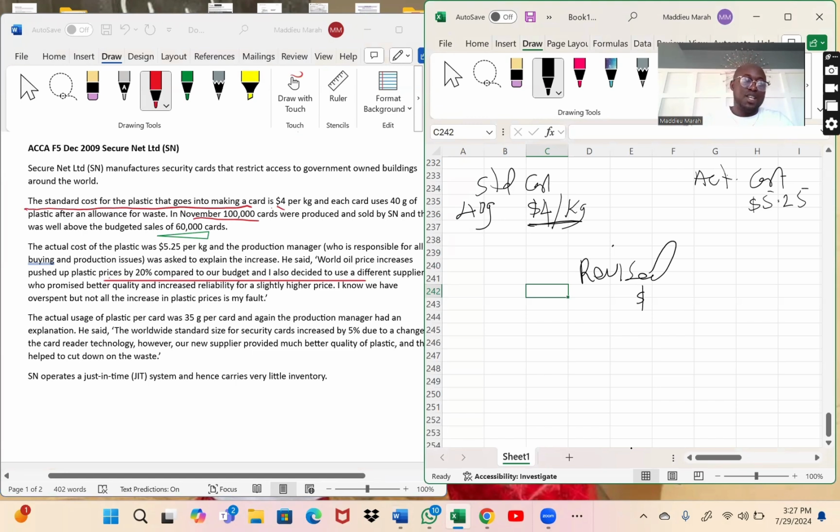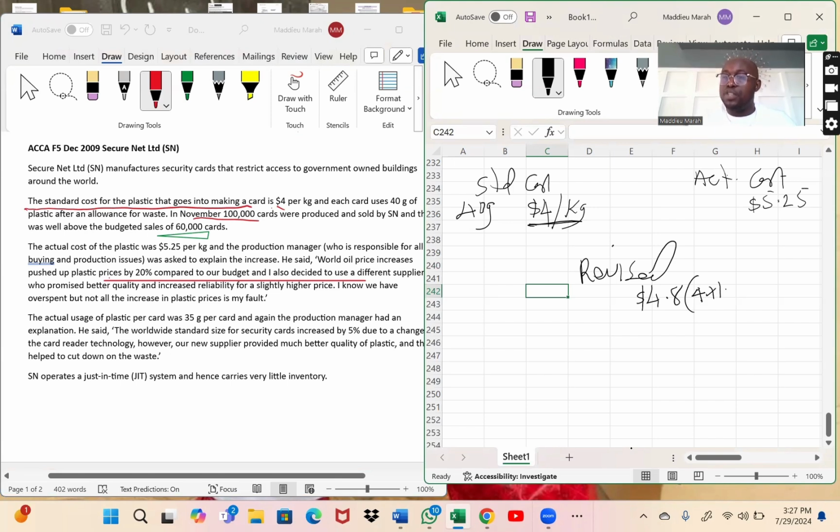Very good, 20%. So that gives how much? 4.8. Very good, 4.8. So I'll get this one, 4.8. The original budgeted price was $4 and it moved by 20%.